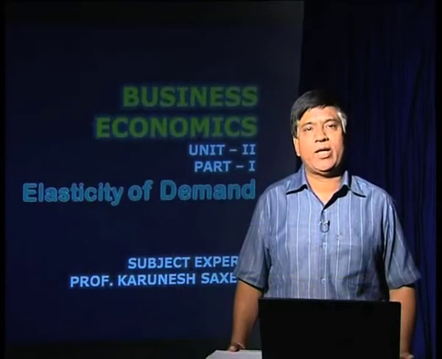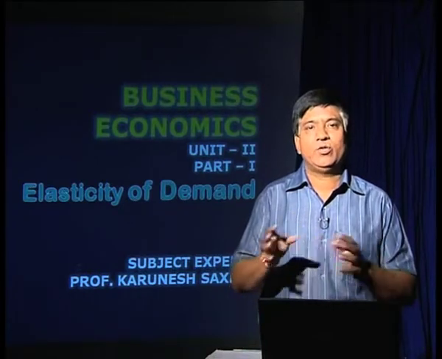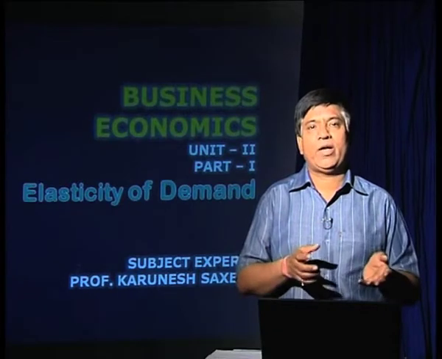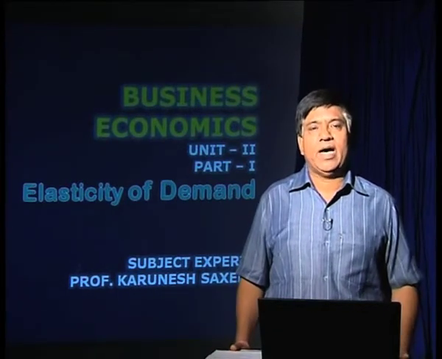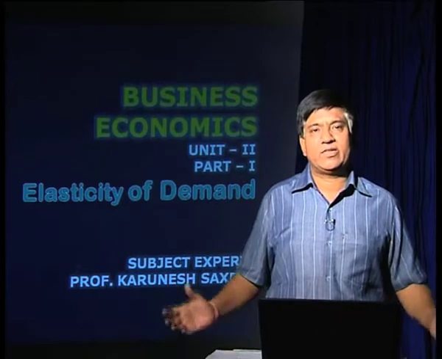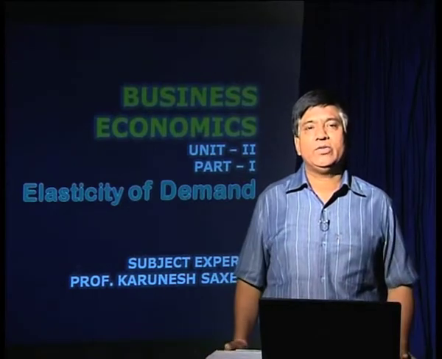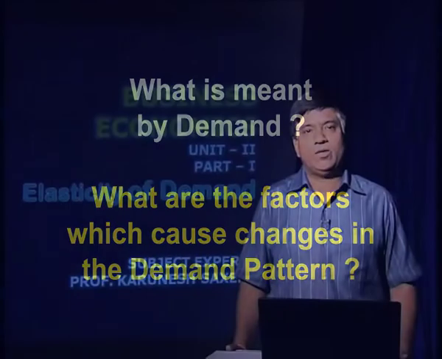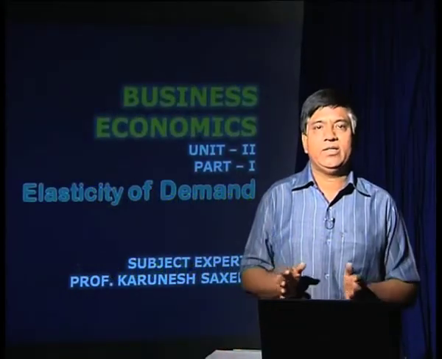Similarly, there are some products which are complementary to this particular product, and so the prices of both the product and the complementary product are interrelated, and in the same way their demands are also related. So, I think that you have understood what is meant by demand and what are the factors which cause changes in the demand pattern. Now, let us turn our attention to law of demand.